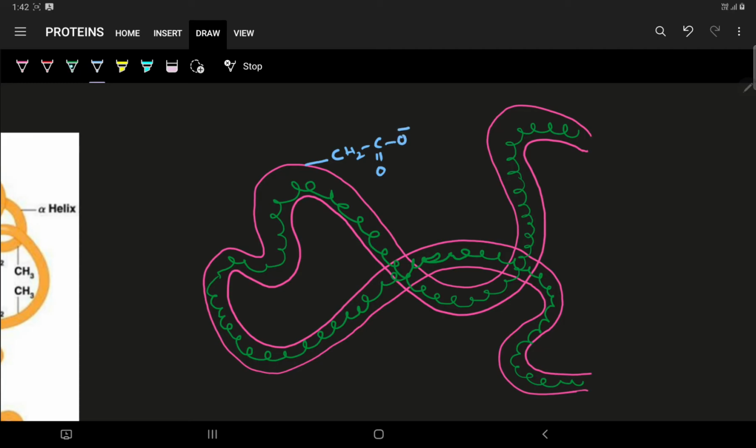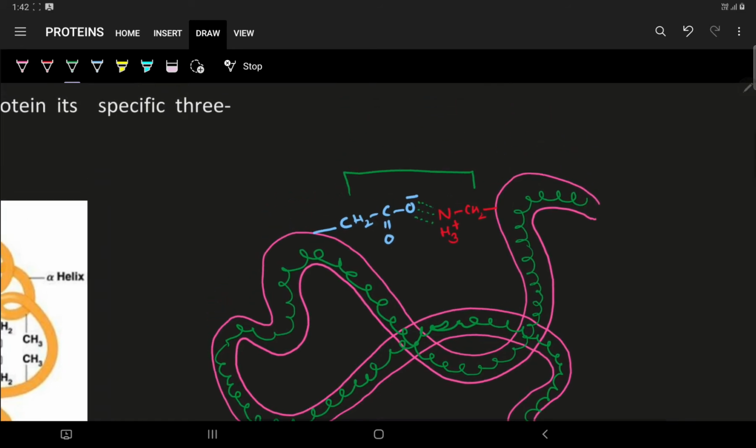It comes into play by interaction between the two ions. Now here come the ionic forces of interaction. I am representing them with green lines. These are ionic bonds or the salt bridges.